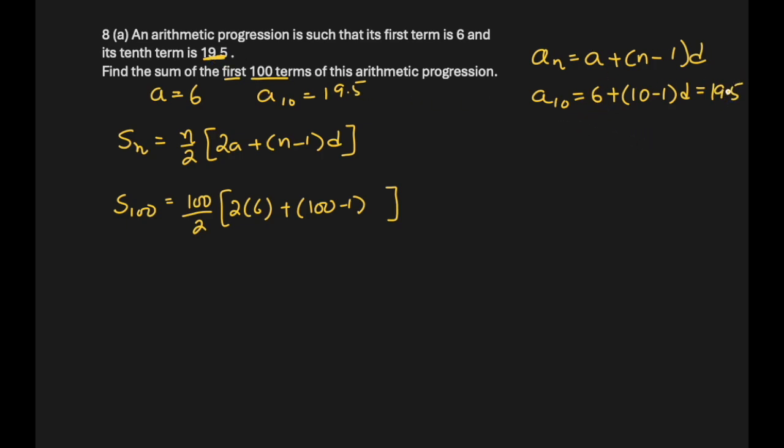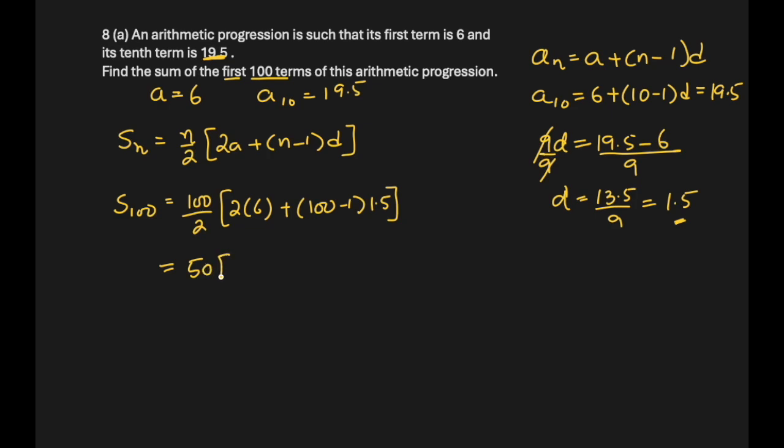So 6 goes with 19.5, so it becomes 9d, since 10 minus 1 is 9, d equals 19.5 minus 6. So we can divide both sides by 9. So d is 13.5 divided by 9, which is 1.5.